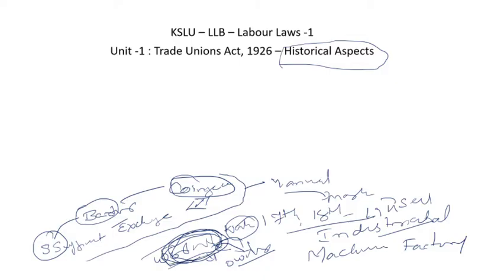This started at the beginning of the 19th century in Europe. The first labor organization, a trade union, was set up in 1818, named the Philanthropic Society, and it was in Manchester.